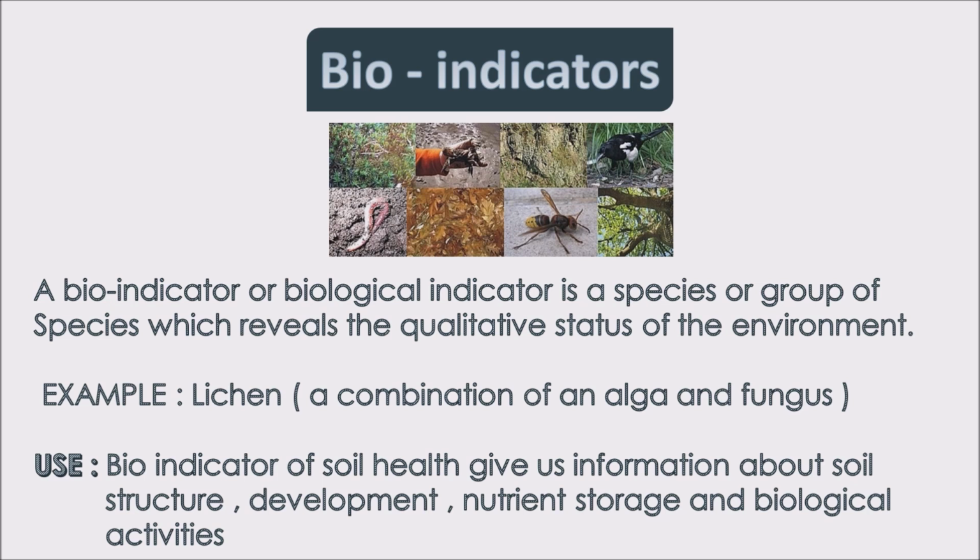Example, lichen. That is a combination of an alga and fungus. It helps as a bioindicator of soil health and gives us information about soil structure, development, nutrient storage and biological activities.